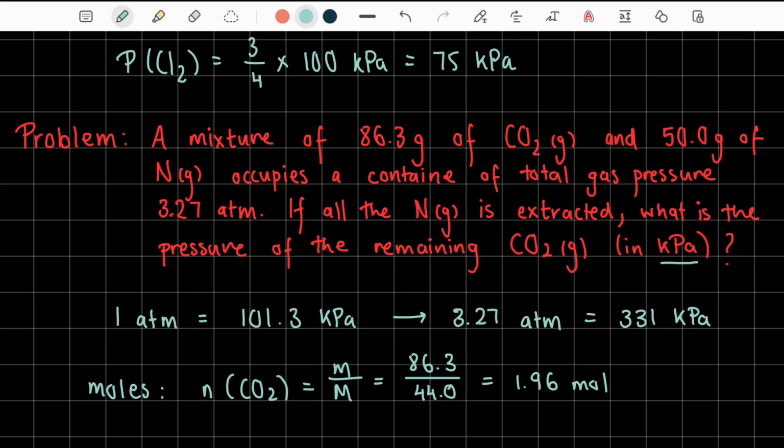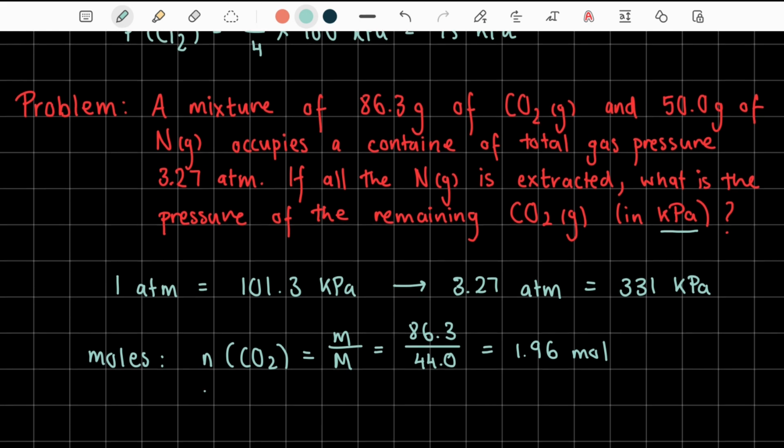The second moles that we're finding is of nitrogen gas, so moles of N. Again, we're going to use mass over molar mass. This one is going to be 50 grams divided by 14 grams per mole. And this gives us 3.57 moles.